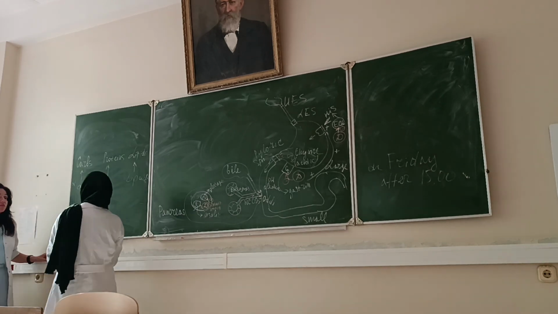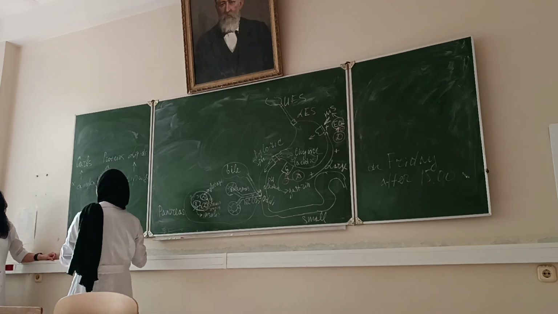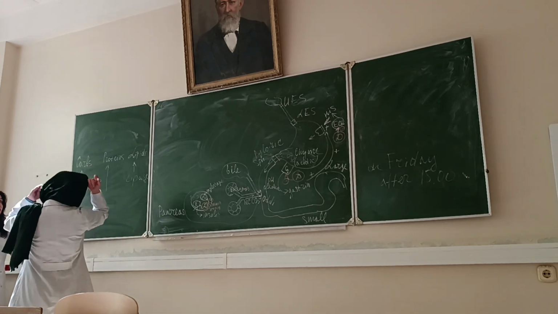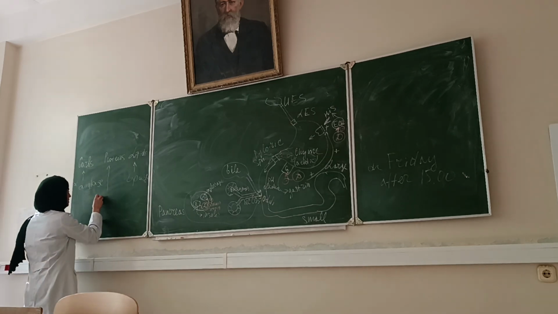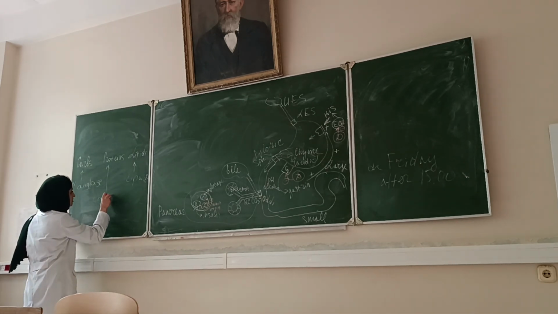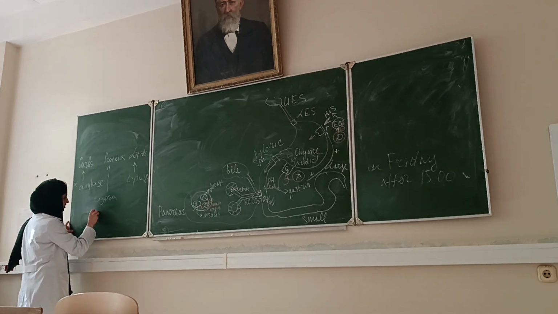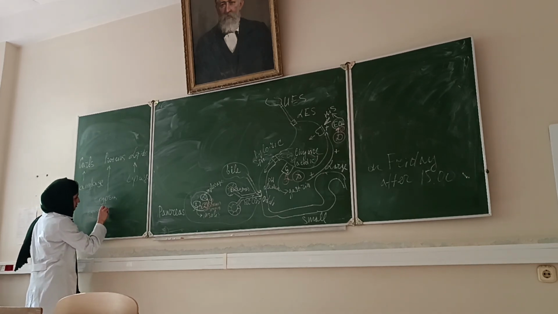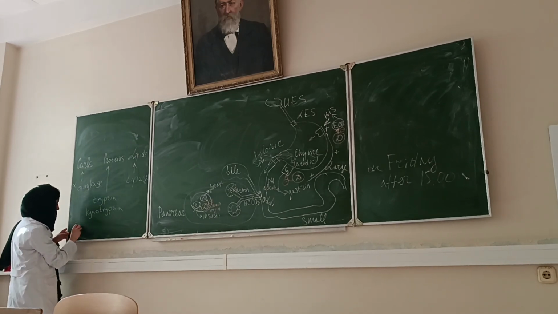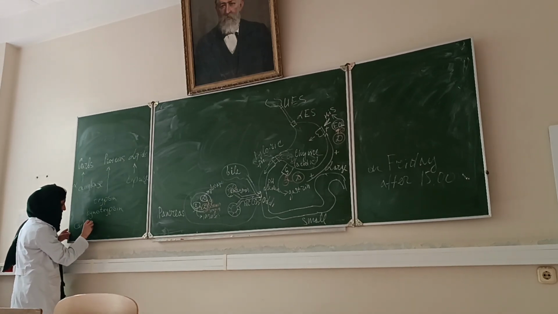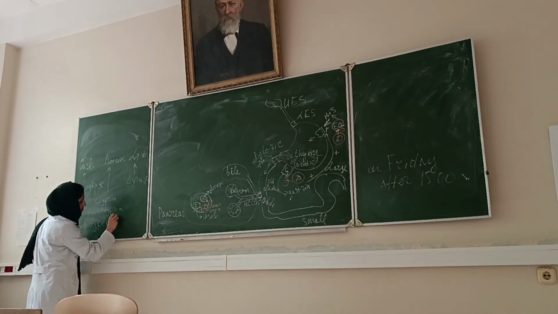We have trypsin, and carboxypeptidase A and B. The proteases are released as precursors, and then in the duodenum they transform into active form.